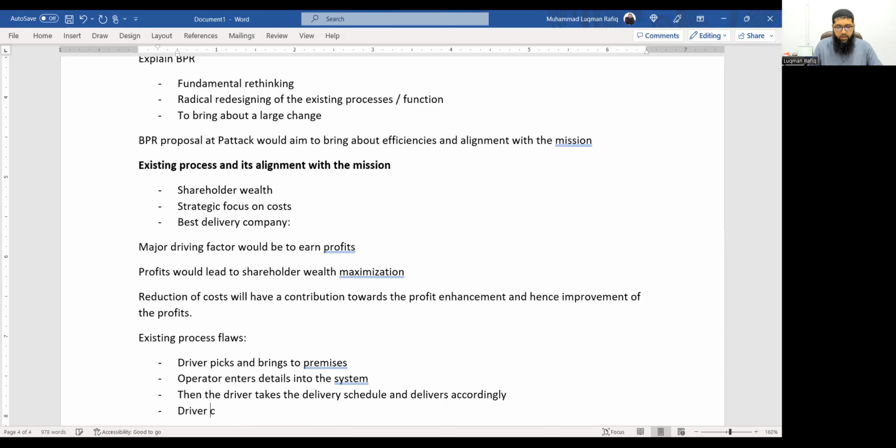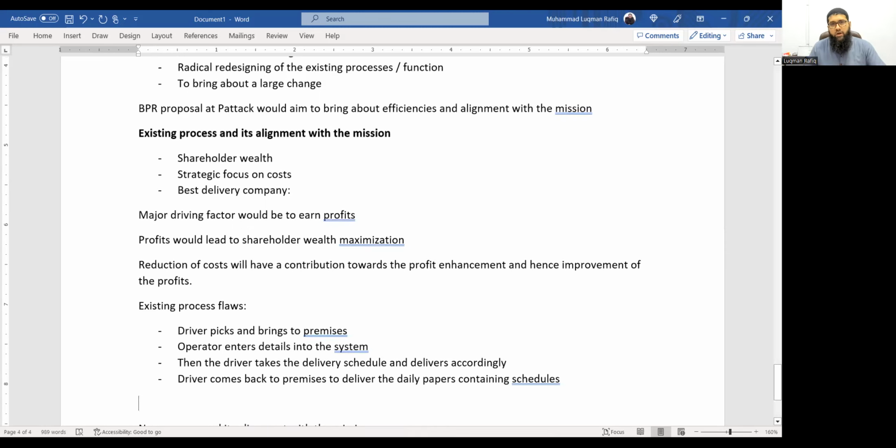The driver comes back to the premises to deliver the daily papers containing schedules, etc. So that is all what the drivers have to bear, right? These are all the costs that are to be incurred.